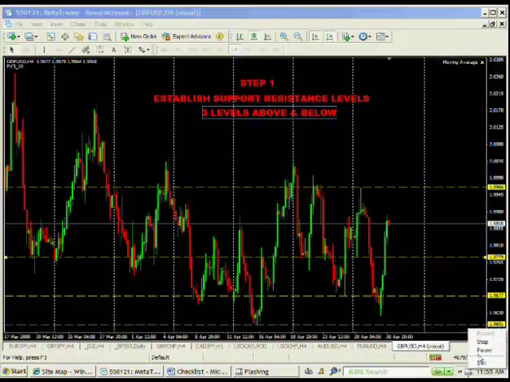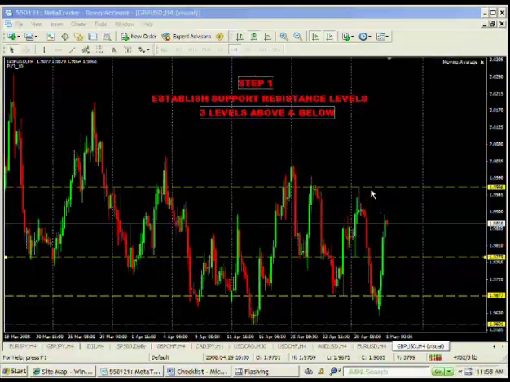And now that we've talked about establishing support and resistance levels, 3 levels above and 3 levels below, and talked about the importance of the support and resistance levels, and then step 2, the next thing we want to do is determine where price is right now in relation to the current support and resistance framework. So that's what we'll talk about next.